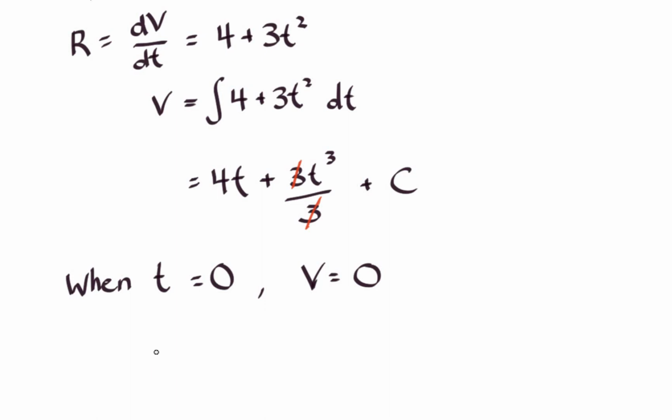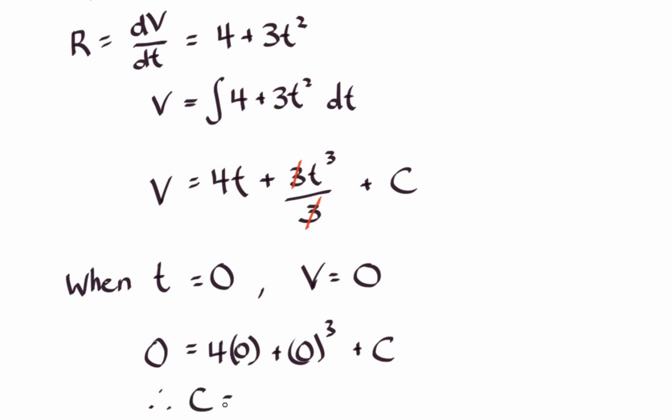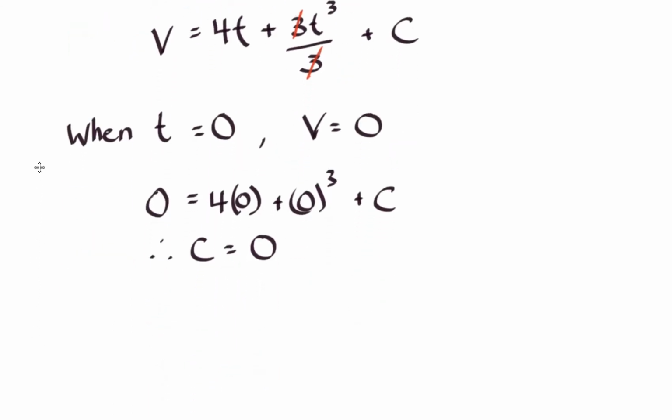So substituting that information in to this equation here, we have volume equals 0, and then we're also substituting t equals 0. And 4 lots of 0 plus 0 cubed, well, that's just 0, isn't it? So for this particular example, it actually works out that the constant we're after is 0. But sometimes it may be something else.